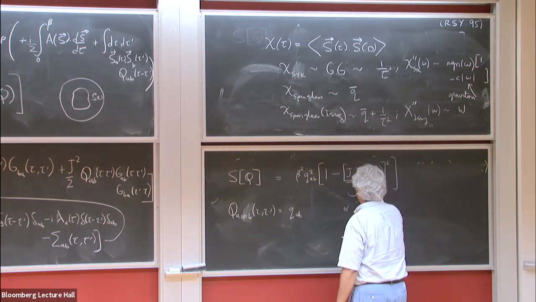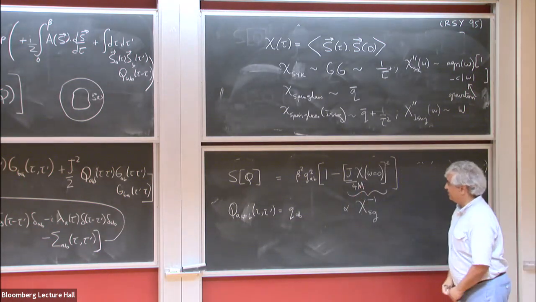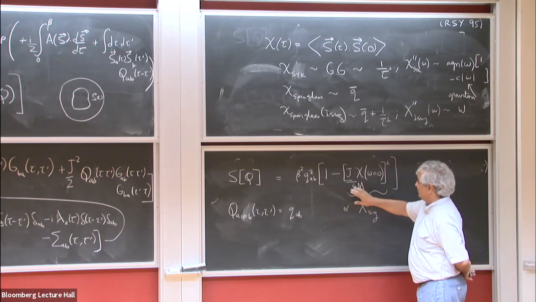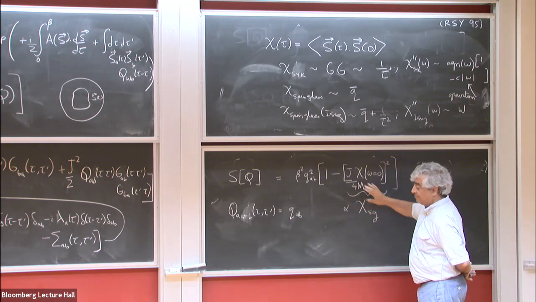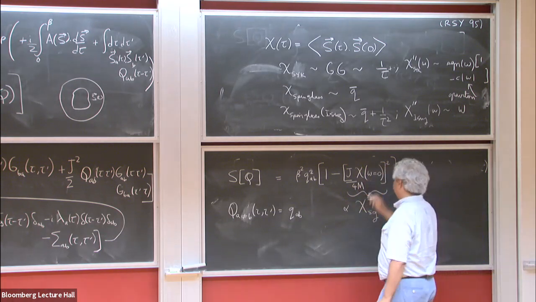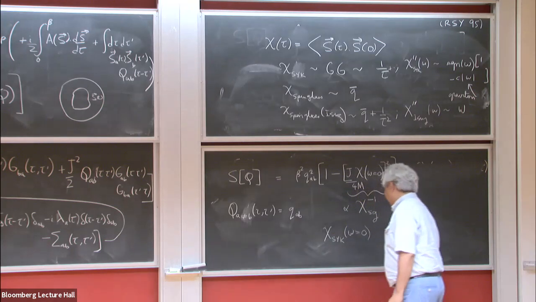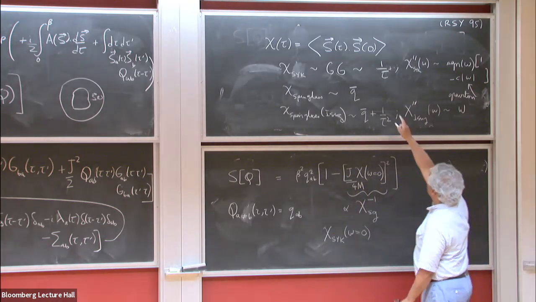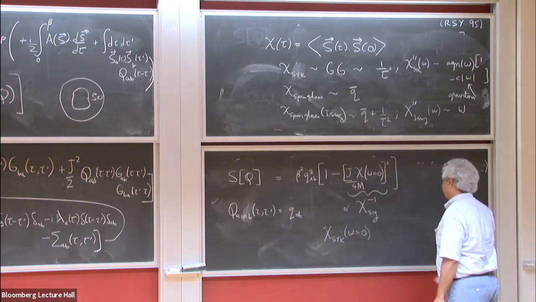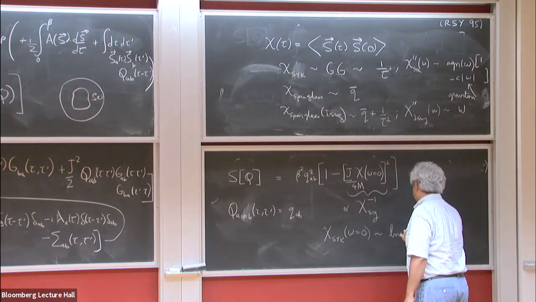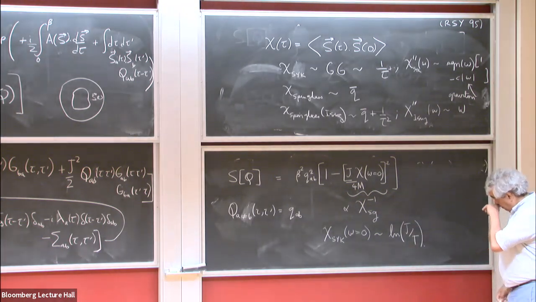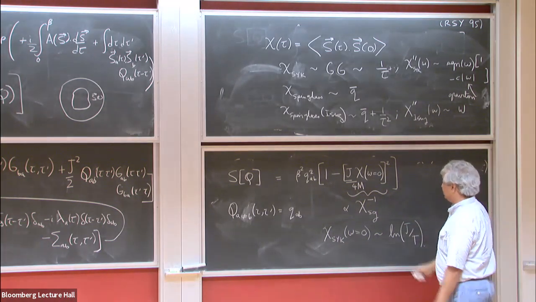Now there's also a factor of m here. So at m equals infinity, there's no problem, it's positive, and m has gone to infinity, so this term is 0. But what is chi at omega equals 0 of SYK in the m equals infinity theory? Well, I told you the decay is 1 over tau. So when you take a Fourier transform, that goes as log of J over T. So this tells you that there is a critical temperature to spin glass order.